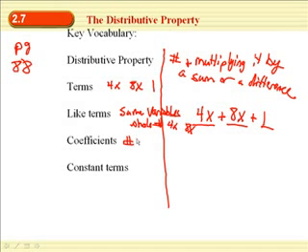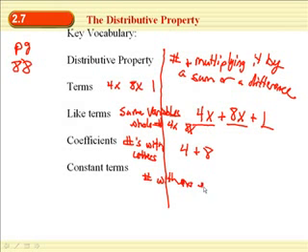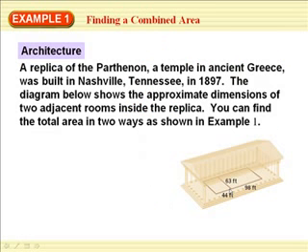Coefficients are the numbers with the letters. So the coefficients in this problem would be 4 and 8. The constant terms are the numbers with no letters. So 1 would be the constant term. And we'll talk about why we need to do that as we go through the examples.